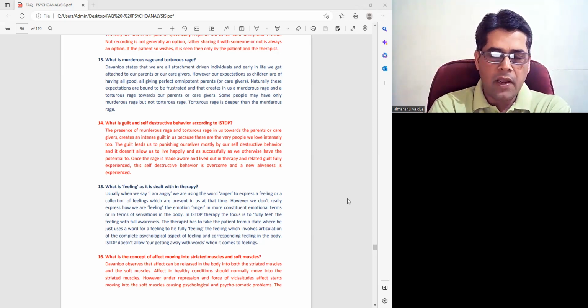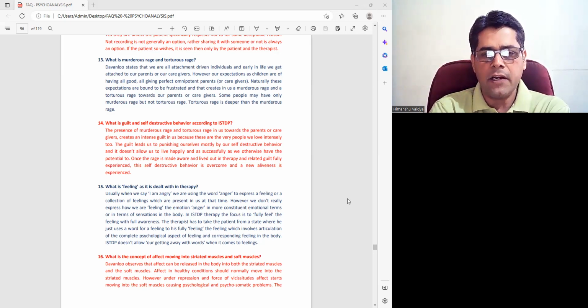First, if the anxiety mobilized is mild and optimum, it moves into the striated muscles. May not be hands and legs, maybe other striated muscles, but essentially into striated muscles. So we say the patient is in striated, or the anxiety is in striated zone, which is the optimum zone to work in.